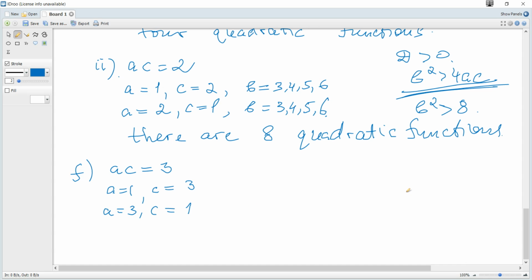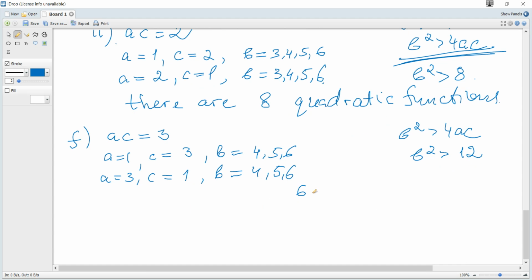And the same condition, B squared is greater than 4AC, so B squared is greater than 4 times 3, 12, and possible values for B are 4, 5, 6, because 4 squared is 16, and definitely 5 squared and 6 squared will be greater than 12. And you can see 3 and 3, 6 quadratic functions.